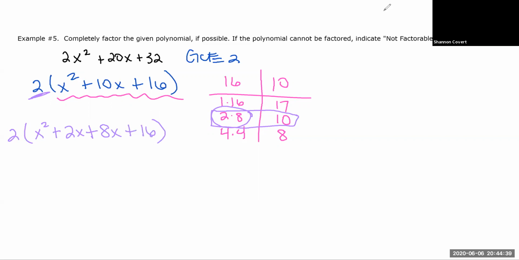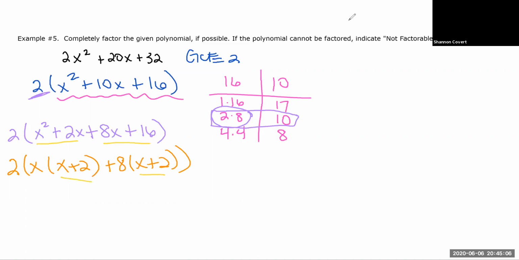Come in here, look at those first 2 and last 2, first 2 and last 2. Okay, keep that 2 out there. Factor out x between the first 2, which leaves me with x plus 2. Looks like I can factor out an 8, which leaves me with x plus 2.